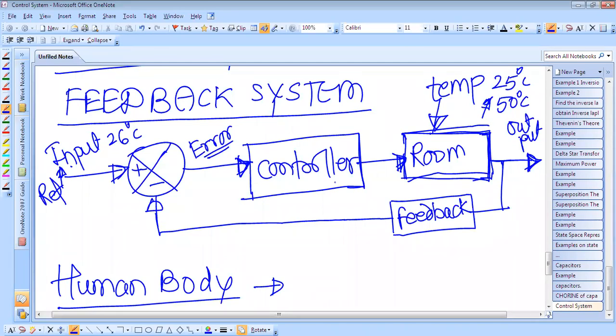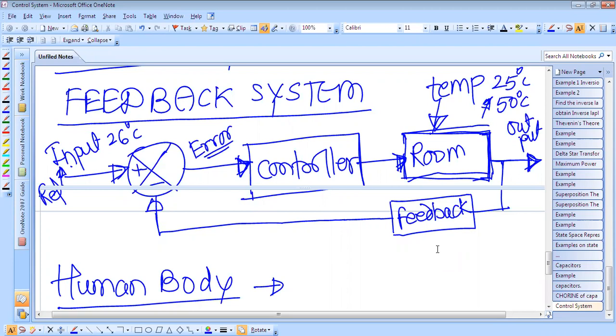So in the feedback control system we discussed, we measure the temperature of the room, and according to what the temperature is and what we expect, the thermostat device turns the heating or cooling equipment on and off.